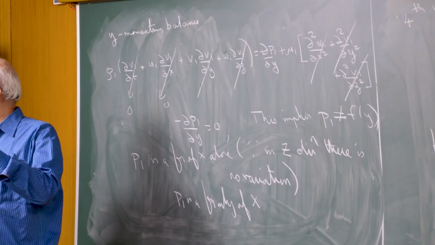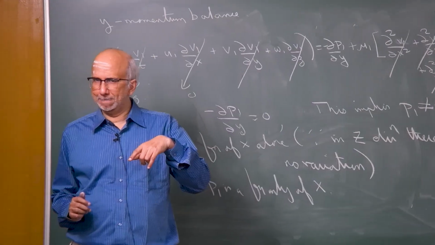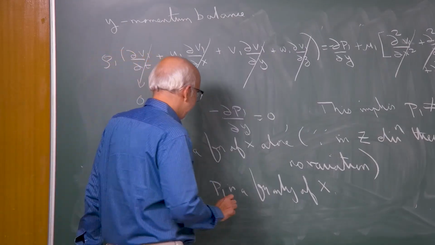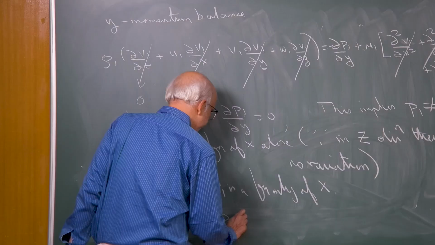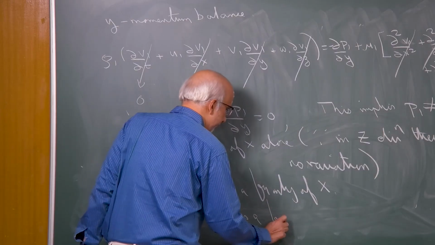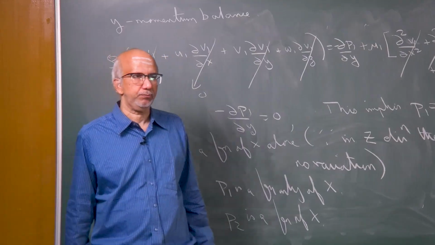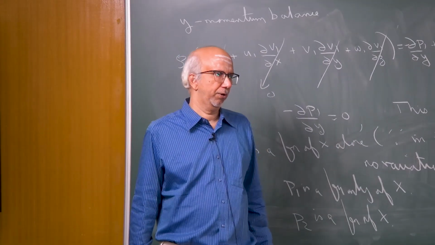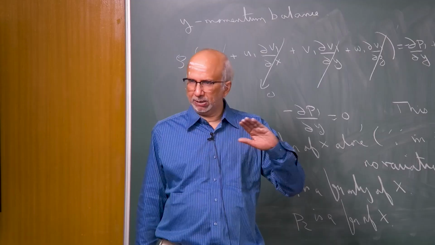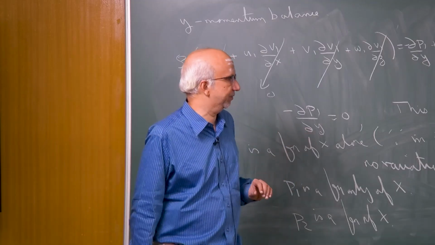You can do the same thing for the second liquid. The second liquid, you will get P2 is a function of x. So basically what I am saying is pressures are just a function of x.